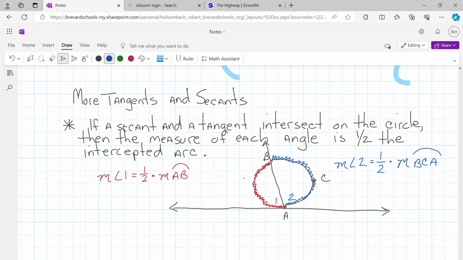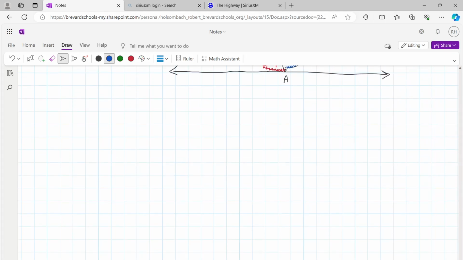All right, so let's look at the examples on top of page 743. We're going to do example 2A. Find each measure. We need the measure of angle QPR. Here's our circle, our tangent, and then our secant.